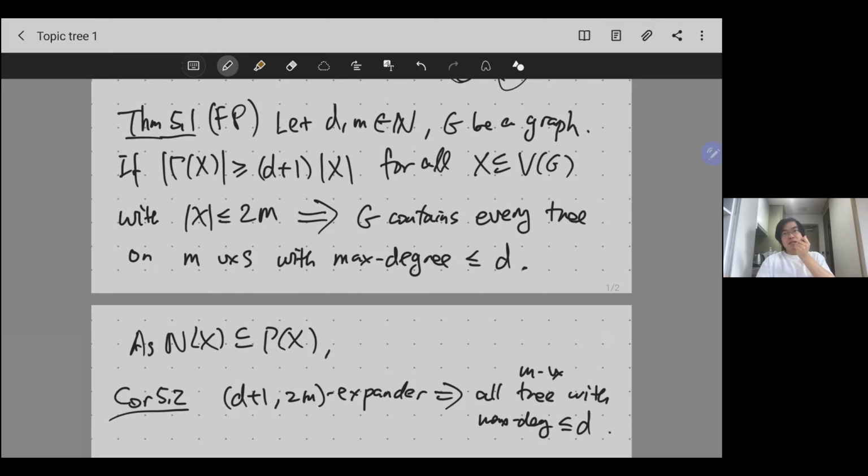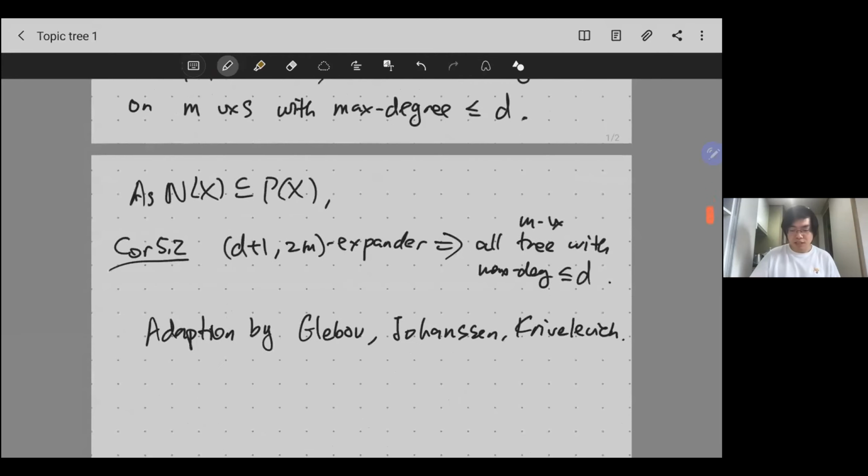But why do I say it's kind of like a strong induction? We will make sure that at each step, when we add a leaf, the current embedding maintains some nice property. Okay, so it's kind of like a stronger hypothesis in that sense. So let me make this precise.